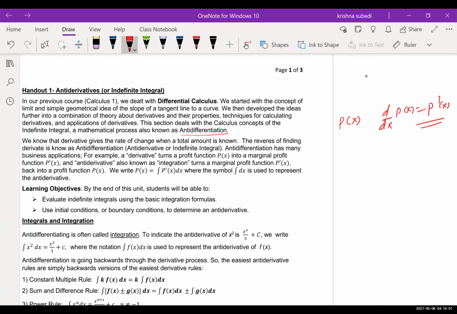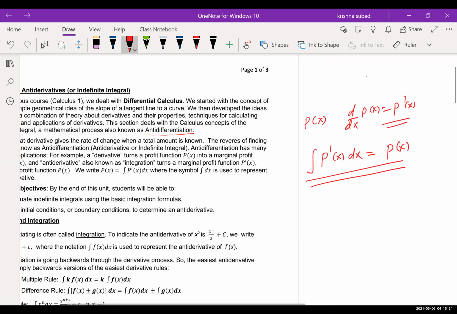Now in this course, what we do is the opposite. If we are given the rate of change, which is the marginal profit P prime of x, then we find P of x. That's all we do. That's the most fundamental concept that we'll be doing in this course: integration, antiderivative.